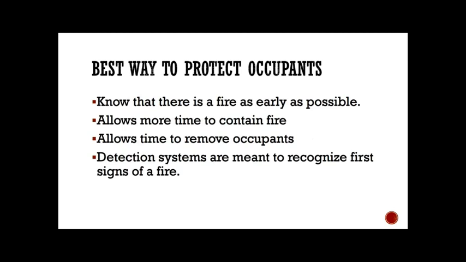So the best way to protect occupants is to know that there is a fire as early as possible. That allows more time to contain the fire, of course, having those hourly ratings that we've been talking about. It allows time to remove occupants, giving them enough time to get out of the building. And then detection systems are meant to recognize the first signs of a fire.